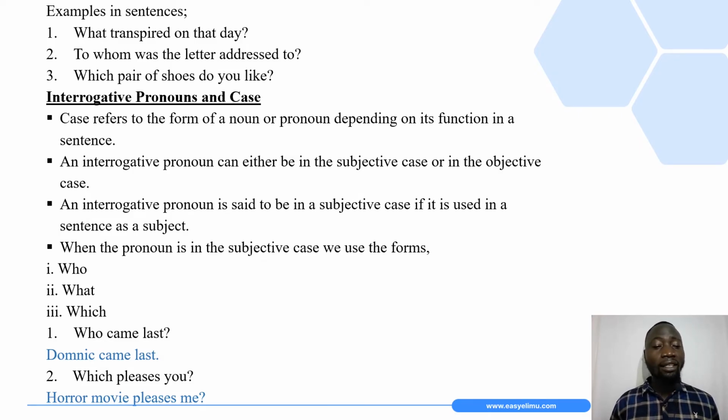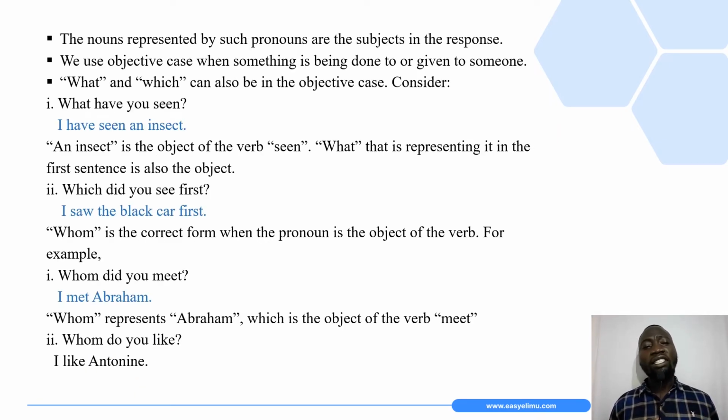Another example: which pleases you? Okay, we can add a movie to it. Which movie pleases you? We can answer that by saying horror movie pleases me. The nouns represented by such pronouns are the subjects in the response.